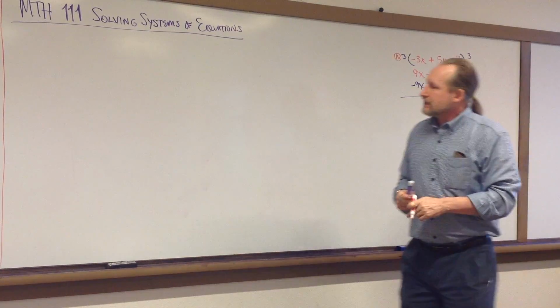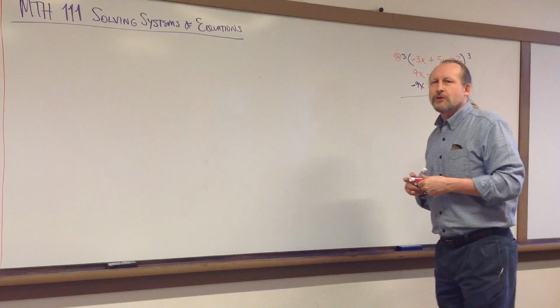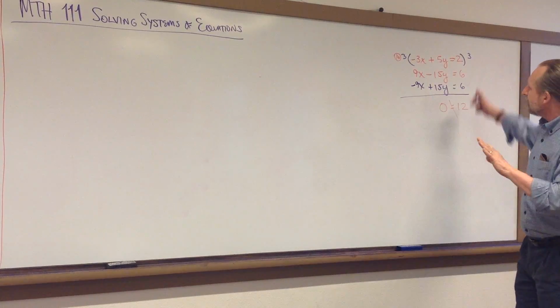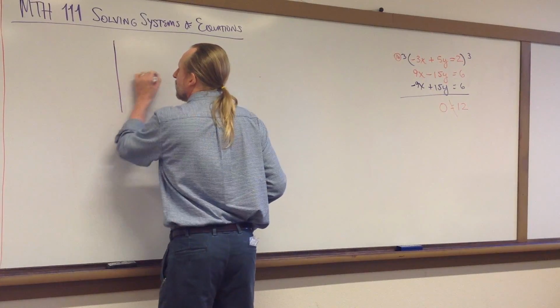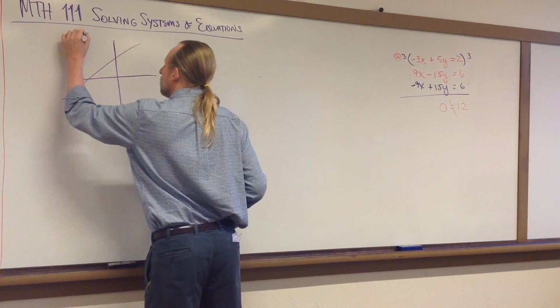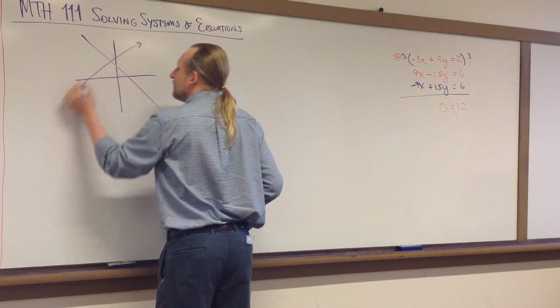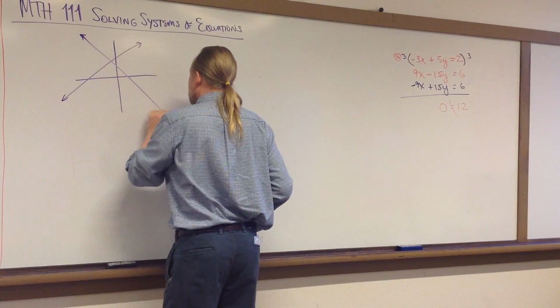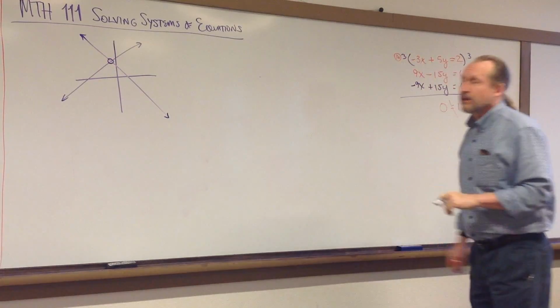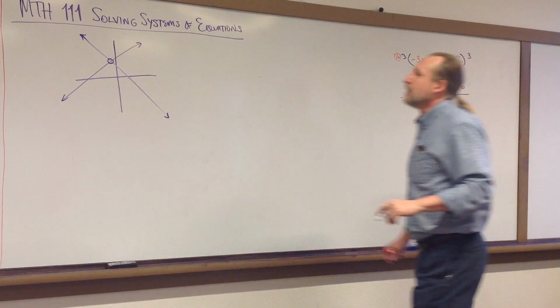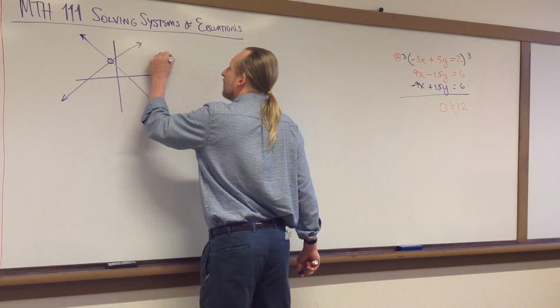Essentially, when we do one of these systems of equations, if we think of these as graphs, in most cases you'll be graphing two lines, and they would have a single solution where they intersect. So this is one solution.